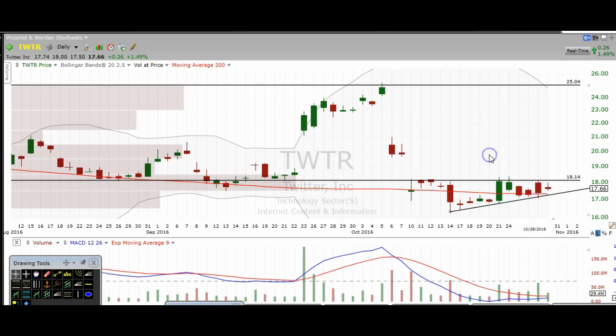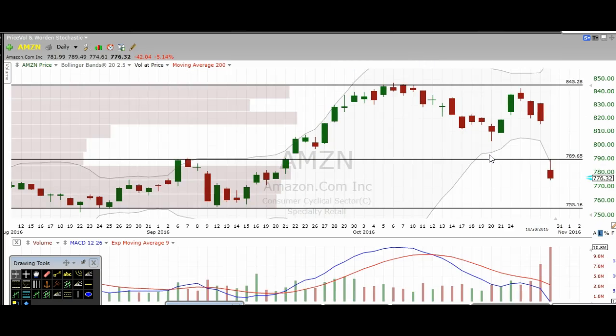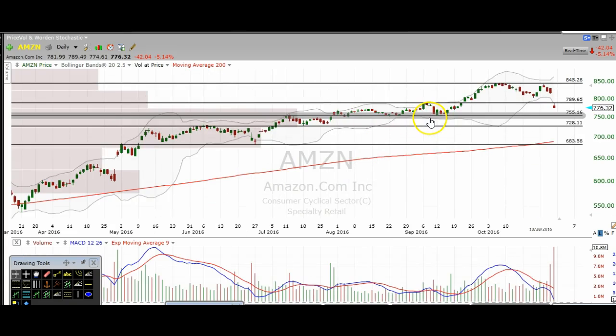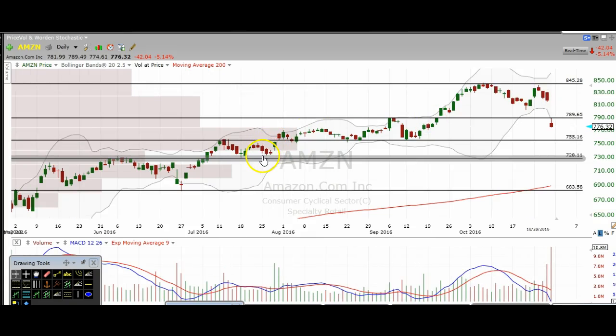The next one we're going to take a look at is Amazon. In Amazon, you can see we broke this support, and we are coming into this support right here about 755. Definitely looks like 755 is going to get tested this week, and that's what you want to look for. So between 755 and 728 is going to be a good support zone for Amazon.